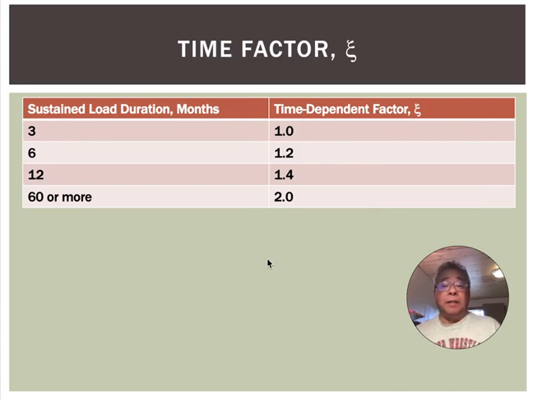In half a year, you get 120% additional deflection. In 1 year, 140% additional. And in 5 years, you get double the initial deflection additional. So it's the initial plus double, so triple. You triple the deflection. Okay, so in 5 years, you triple the deflection.